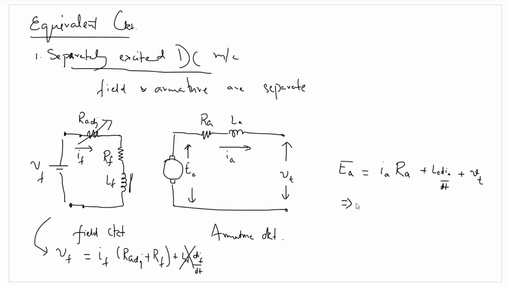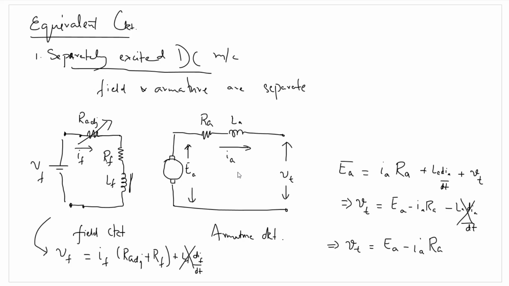Since we are receiving the voltage VT as the output, we'll write VT is equal to EA minus IA RA minus LA dIA by dt. Once the steady state is established in the DC machine, this part can be neglected, while the inductance LA will be shorted for a DC current IA. So our equation will simply reduce to VT is equal to EA minus IA RA. So this is the equation for a separately excited DC generator.